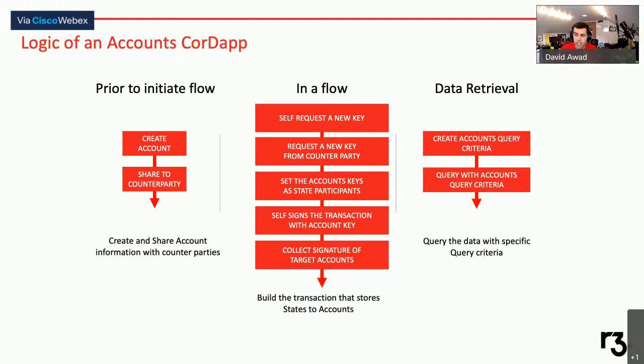Then, just like a normal Corda flow, you sign it yourself, give it to the other person, they sign it and give it back to you. It's the normal collect signatures behavior that you may be used to if you've written CorDapps before. So we collect our signatures from our counterparties' accounts, and we finalize the transaction. The real differences are around specifying the account and making sure we use the right public and private keys to sign the transaction.